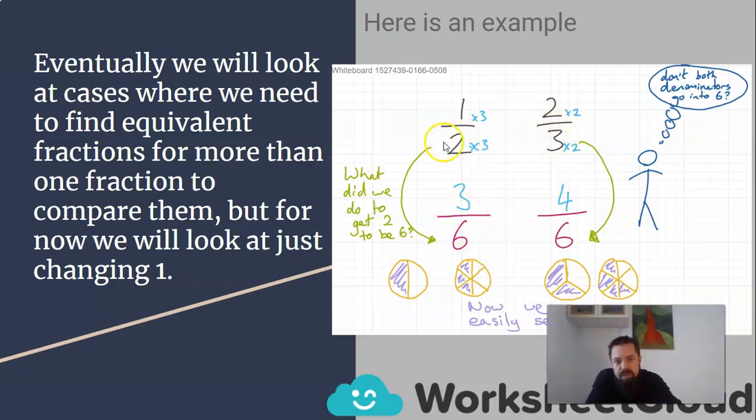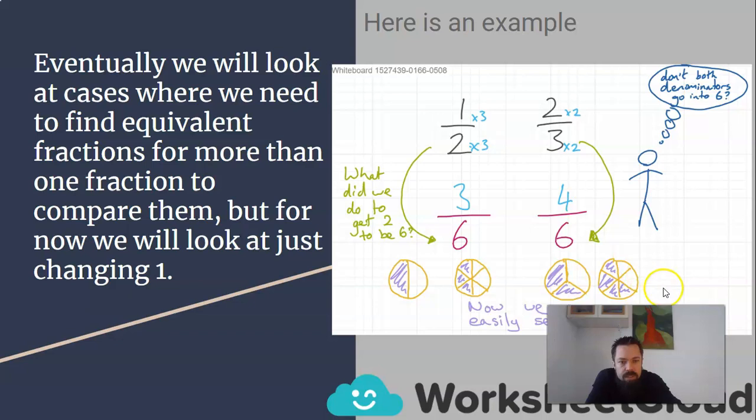And so what I did was I found an equivalent fraction which had a 6 as a denominator, an equivalent fraction that had a 6 as a denominator. What I did to the bottom, I did to the top, and I found both of them as 6. So this is this one here drawn, and this is this one here drawn. So same fraction, that's just done with different numbers. That's what equivalent fractions is, but you can see it shows the same amount of the whole thing.